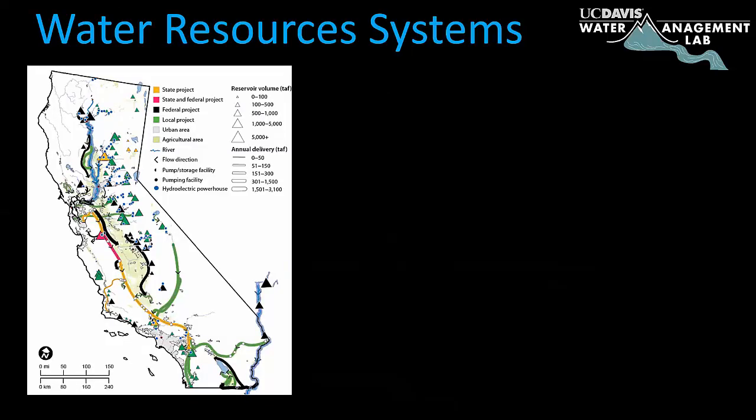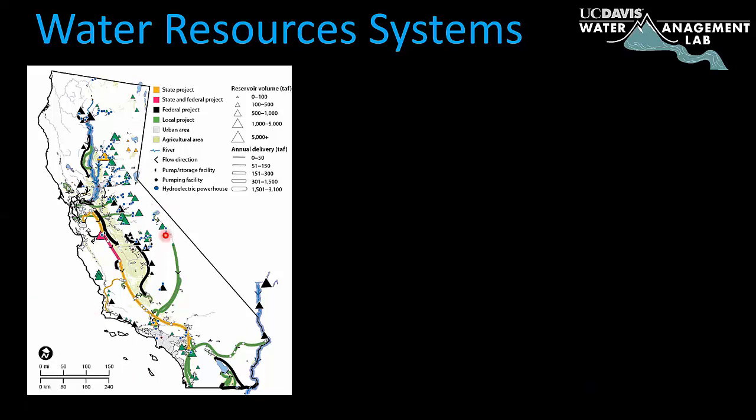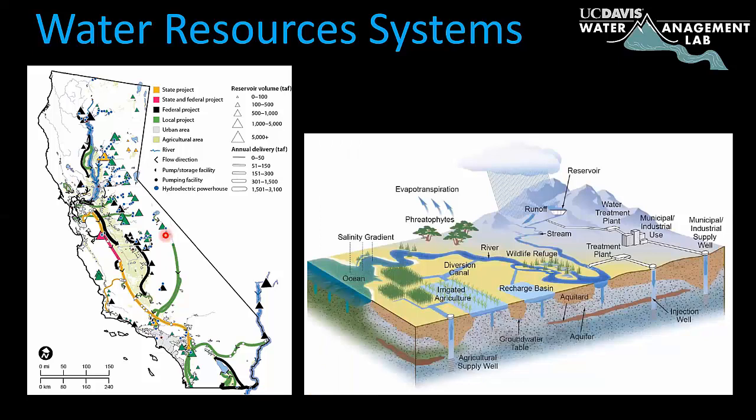So again, as we mentioned, we have in California different water resources systems, or one water resources system that is actually quite complicated, where we're moving water pretty much north to south and also from the east to the west. This is kind of the surface water system, as we know, with the Central Valley Project, the State Water Project, all the different local projects here.